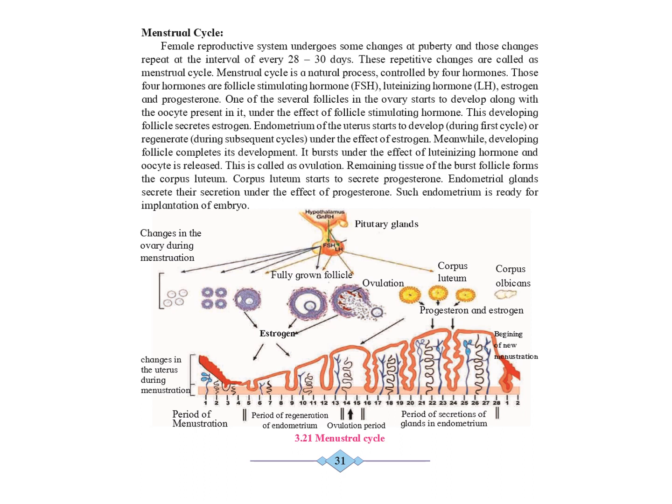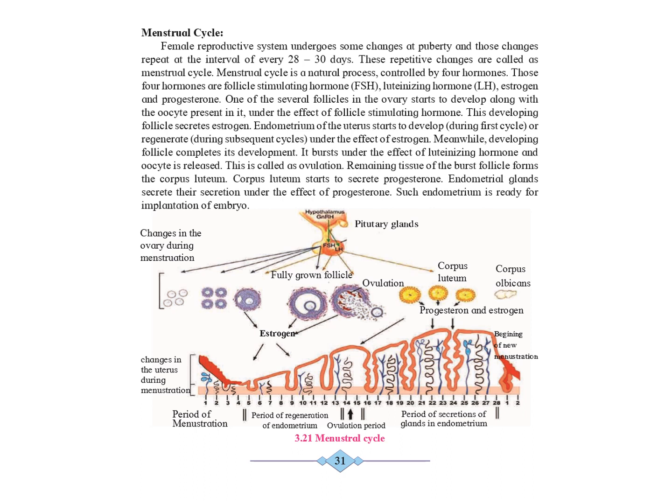These hormones are follicle stimulating hormone or FSH, luteinizing hormone LH, estrogen and progesterone. One of the several follicles in the ovary starts to develop along with the oocyte present in it under the influence of FSH. This developing follicle secretes estrogen.